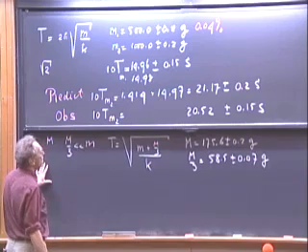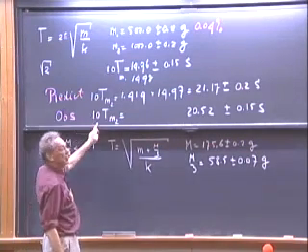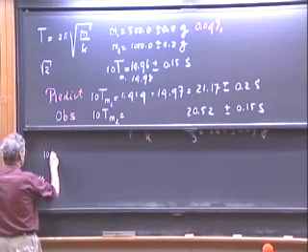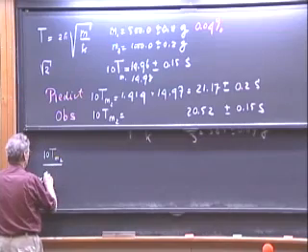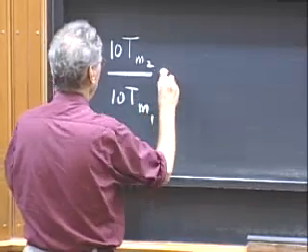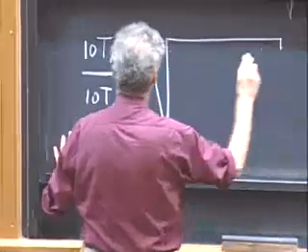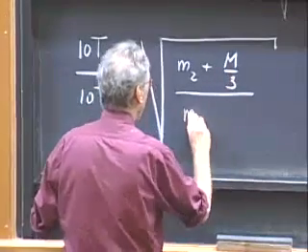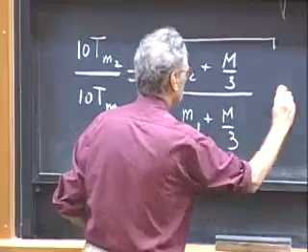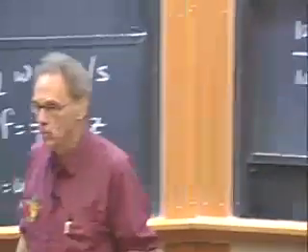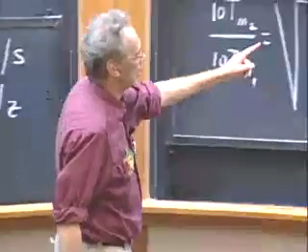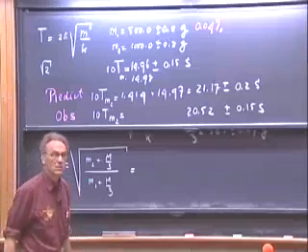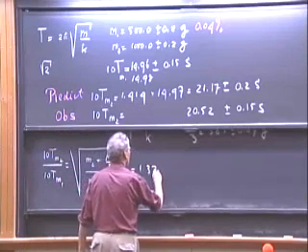We can now take the ratio of these two and eliminate thereby k, so we can write now 10Tm2 divided by 10Tm1 is now the square root of (m2 plus M divided by 3) divided by (m1 plus M divided by 3). And that number is easy to calculate because you know m2, you know m1, and I have calculated it for you, and it is 1.377.